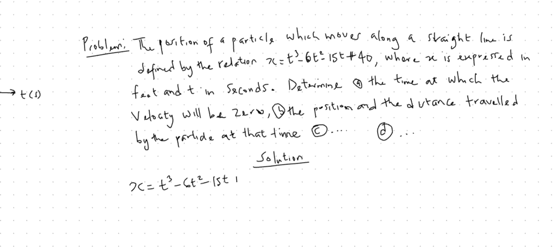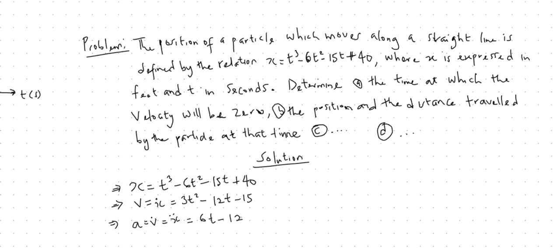If I want to get my velocity, I'm going to have 3t squared minus 12t minus 15. And then if I want to get my acceleration, which is v dot, same thing as x double dot, I'm going to have 6t minus 12.